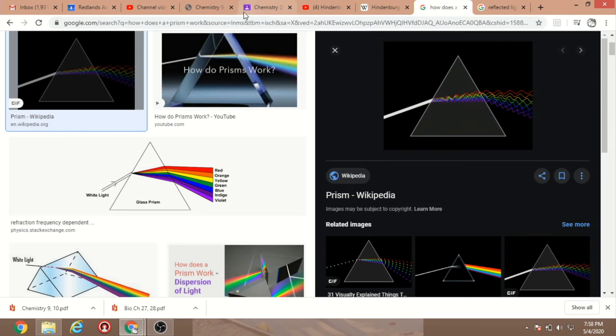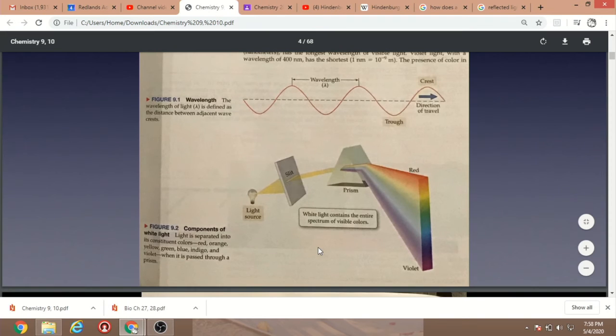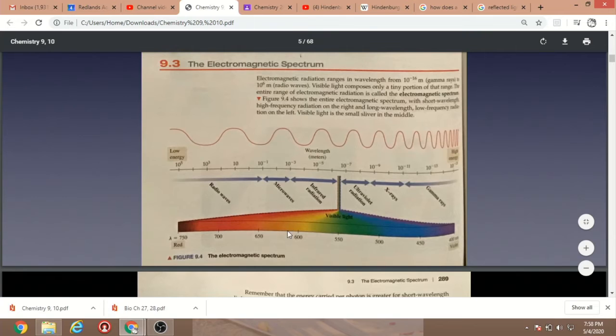So now let's go back to our diagram and look at the electromagnetic spectrum. So here's our entire electromagnetic spectrum from long wavelengths to really, really short wavelengths. And let's just analyze this whole thing for a second.